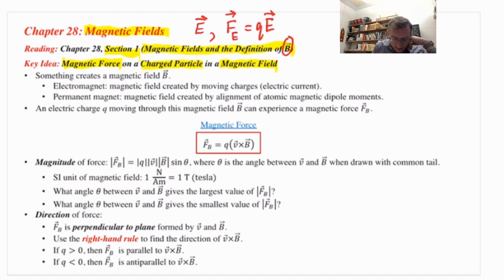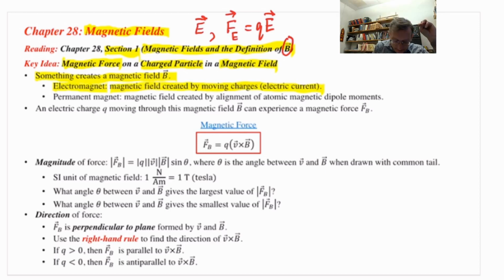So here's the scenario. Something creates a magnetic field, B arrow. This chapter, I'm not worried about what's creating it. We will learn in the next chapter, and then the next chapter after that, ways you can create a magnetic field. We're just going to say for now that we have a magnetic field. One of the ways you can create a magnetic field is with a device called an electromagnet. That's a magnetic field created by moving charges, i.e. electric current.